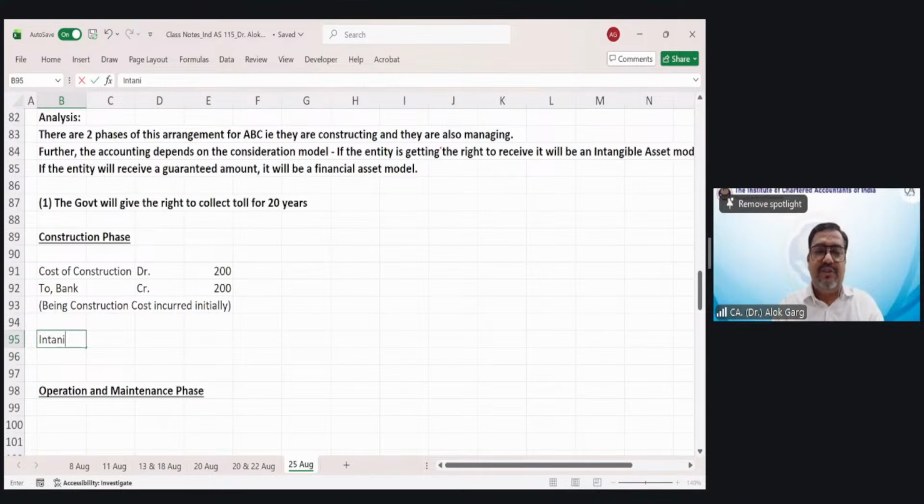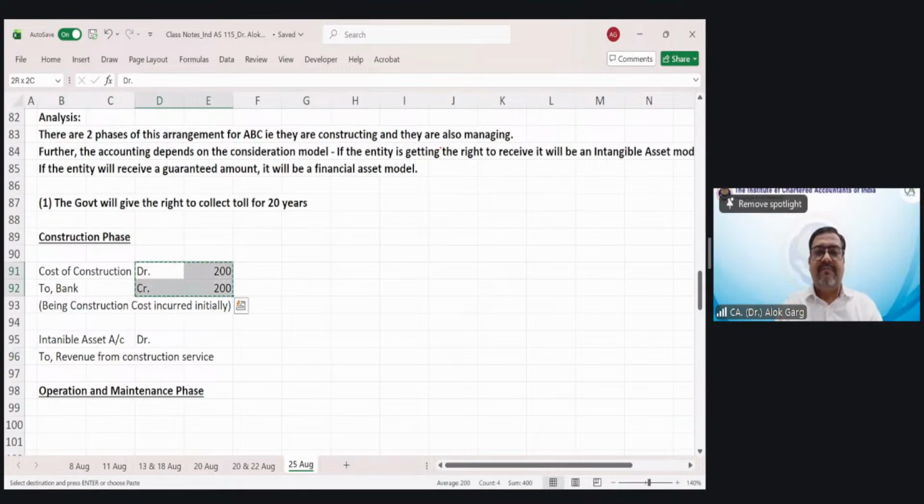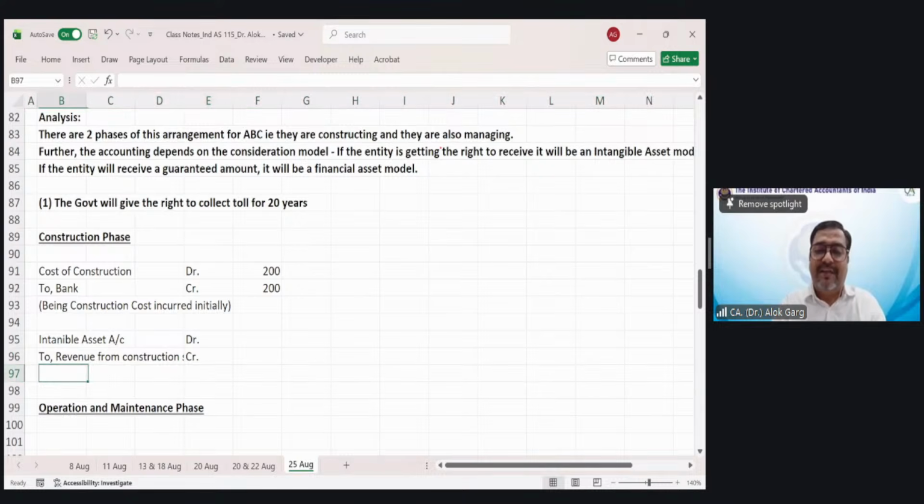You will debit intangible asset account, and credit to revenue from construction service. So my dear friend, this revenue has to be recognized on the fair value, being revenue recognized on fair value of the construction.